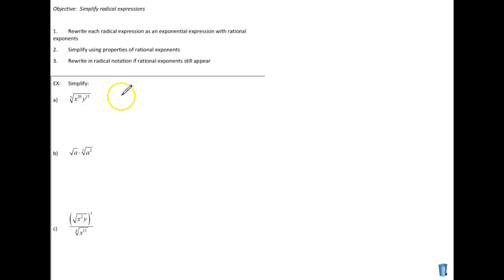Okay, so this becomes x to the 20th, y to the 15th to the 1/5 power. Okay, because 5th root means 1/5 power. When I raise a power to a power, I'm going to multiply, so 20 times 1/5 is 4. And 15 times 1/5 gives me 3. So when I simplify this, I get x to the 4th, y to the 3rd.